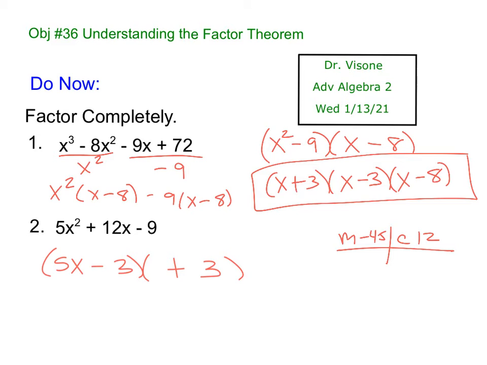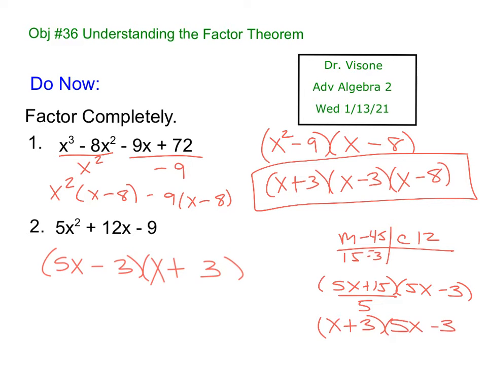So that's 15 and 3, where the 3 is negative. So 5x plus 15, 5x minus 3. And then you have to divide out the extra 5. That's it.